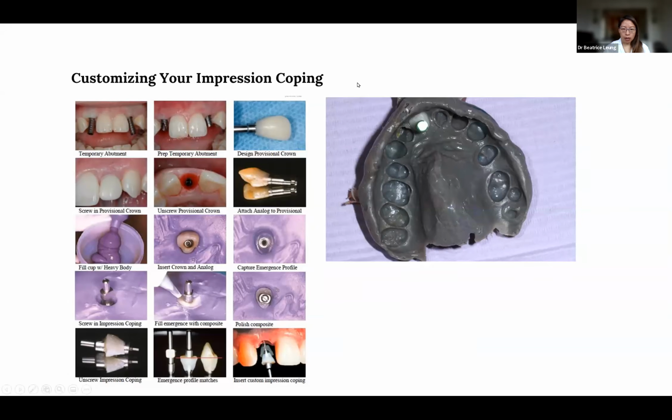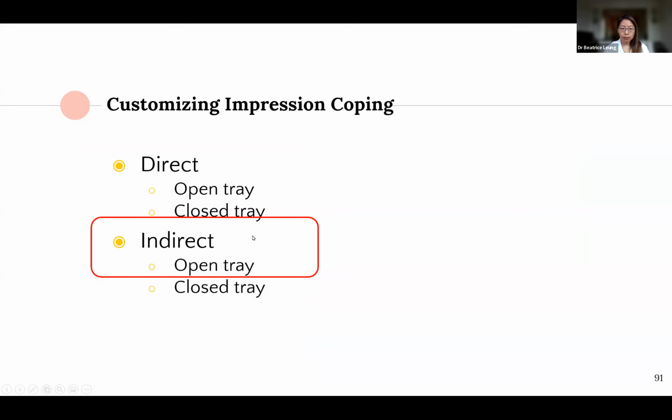Okay, so these are the steps that I take, and I'm going to go step by step how to do that. Now, before I go any further, my original presentation talked about all these methods. You can go direct or you can go indirect. My preferred way is going indirect open tray technique.